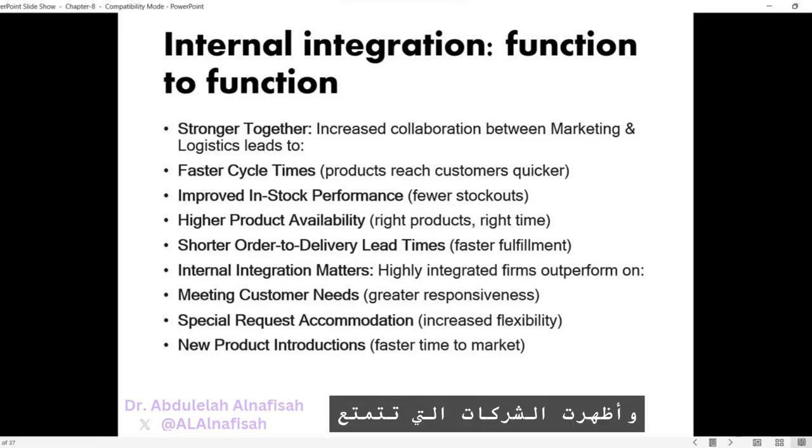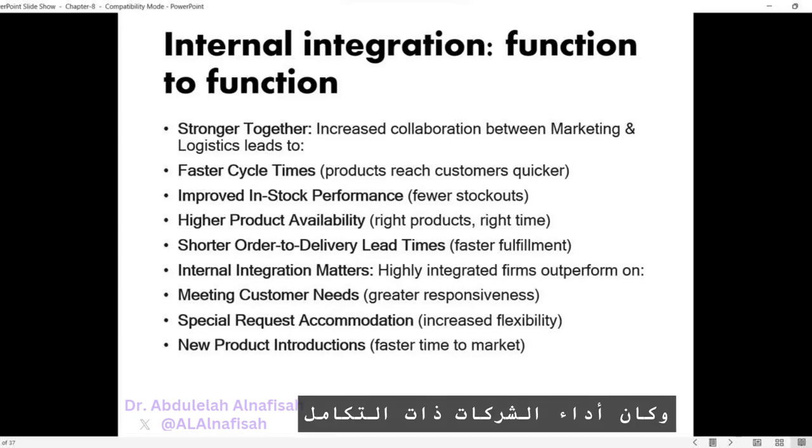Firms with higher levels of internal integration demonstrated better logistics performance compared to less integrated firms. While there was no difference between highly integrated and less integrated firms in basic services like consistent delivery and advanced notification of delays and shortages, there was a significant difference in higher value service elements.